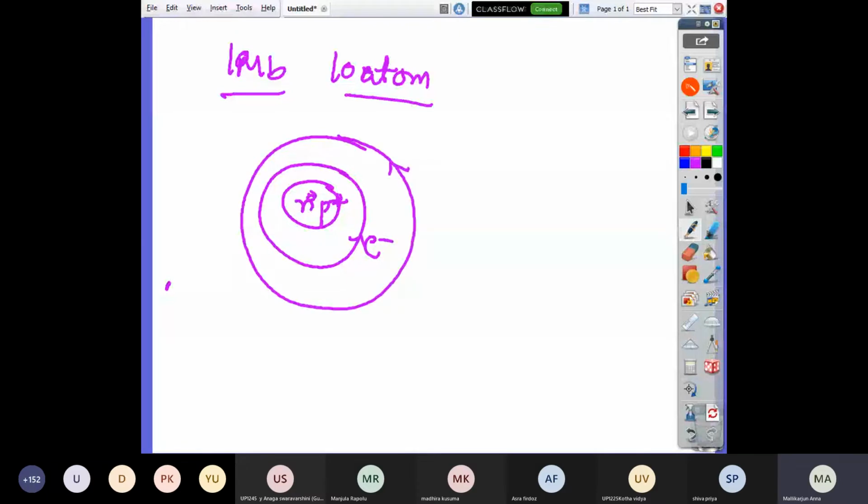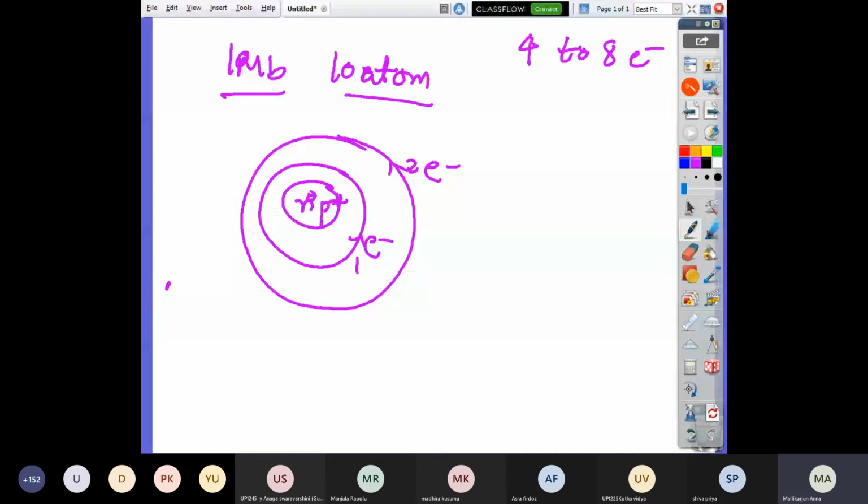This is the second electron. Minimum 4 to 8 electrons will be present inside the atom. The outermost orbit electrons will be useful for storing the data.